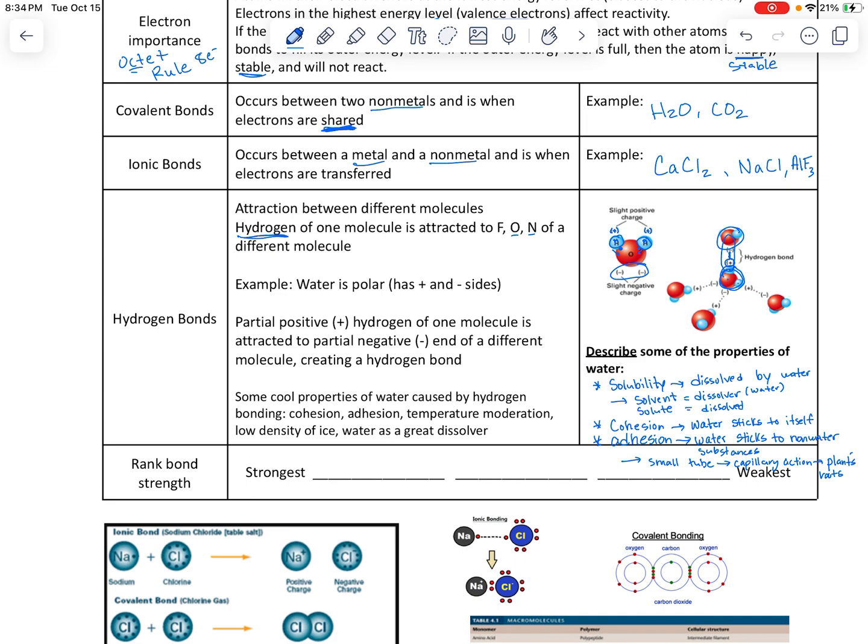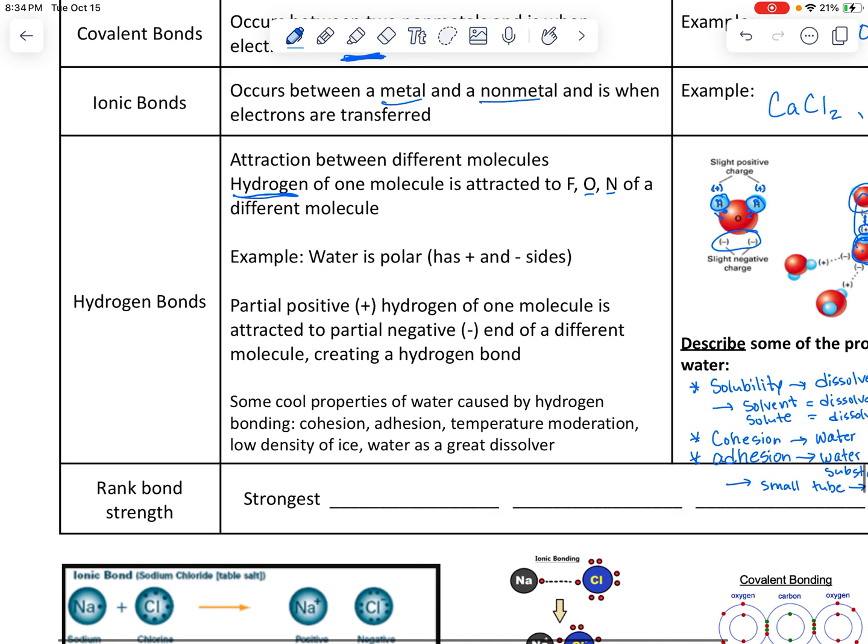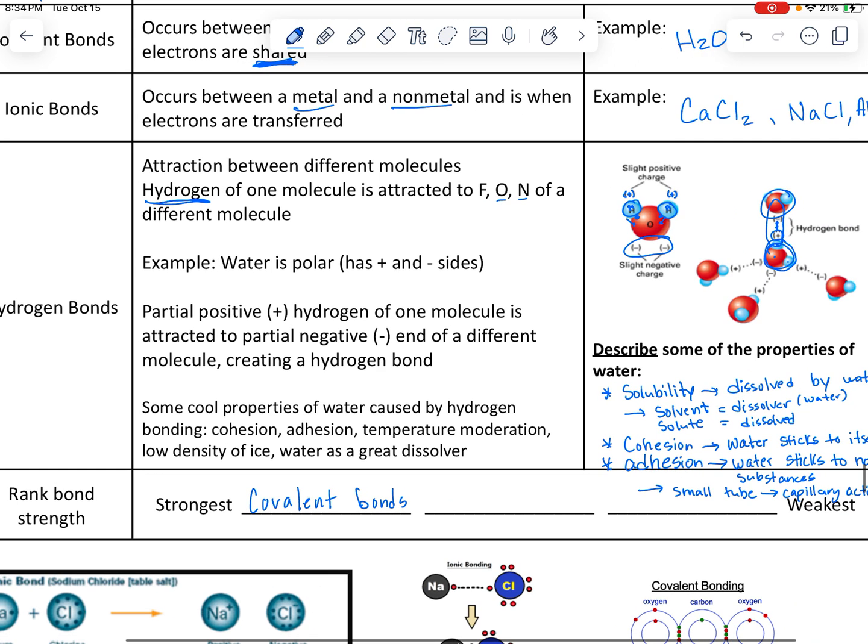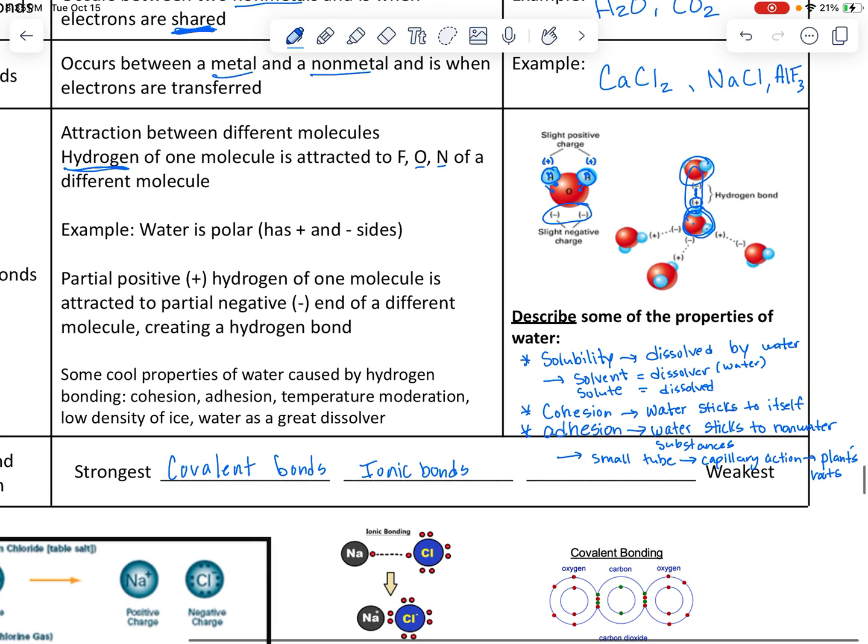All right, in terms of bond strength, of the ones we've talked about, covalent is the strongest. So they're the strongest. Second is ionic bonds. And then last is hydrogen bonds.